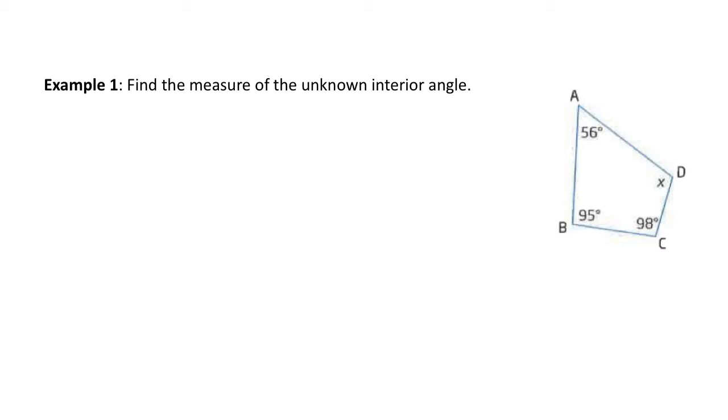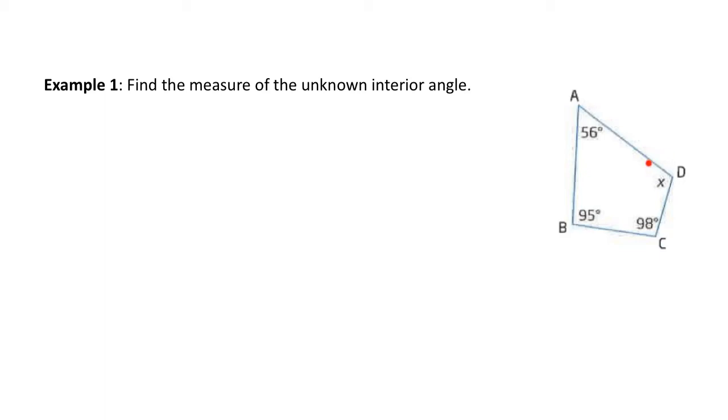If we take a look at the quadrilateral that's pictured, we have one interior angle that's 56 degrees, one that is 95 degrees, one that is 98 degrees, and an unknown angle marked with the lowercase letter x. We need to figure out what this angle is. The interior angles inside a quadrilateral add up to 360 degrees.